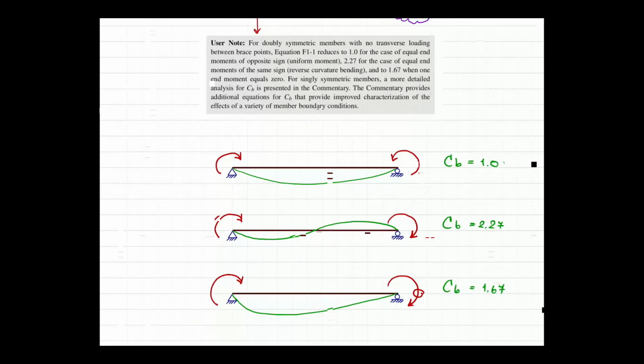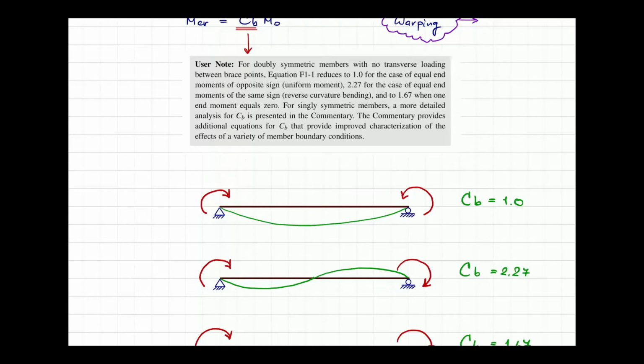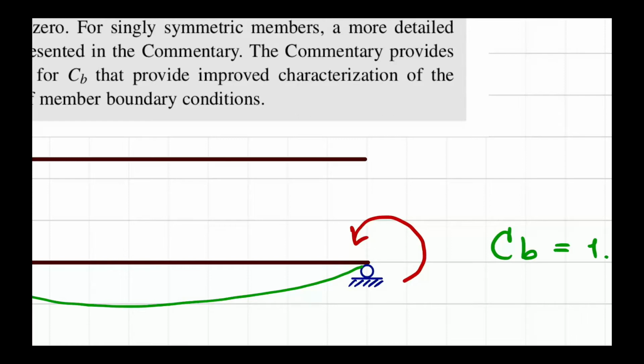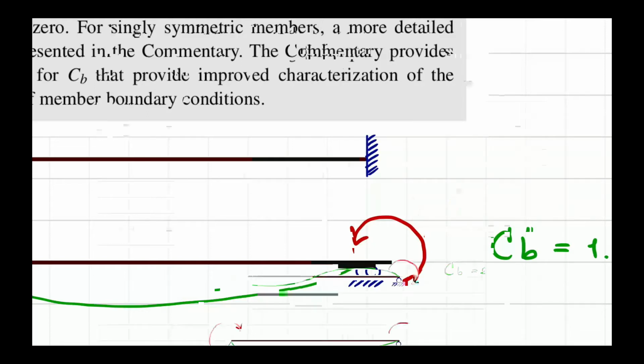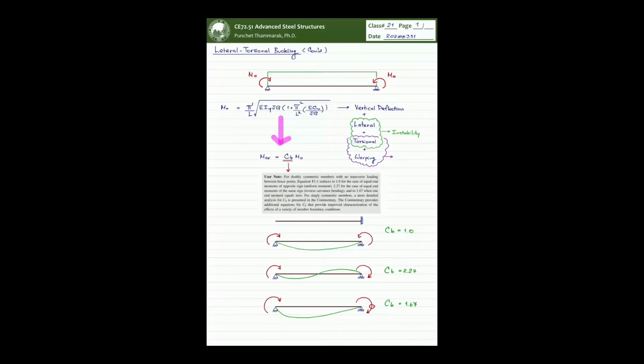So for a cantilever beam, you have the single curvature, of course. The cantilever beam is also applicable for the case where we use Cb equals 1.0.